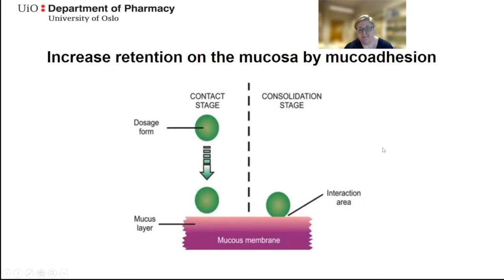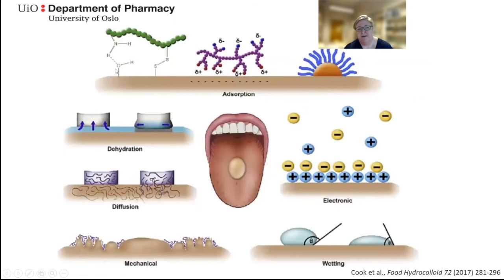And mucoadhesion could be one way, where a dosage form gets in touch with the mucous layer and it interacts with the mucous layer to remain on the mucous layer. And that can happen, for instance, by hydrophobic interactions. It can be disulfide bonds.